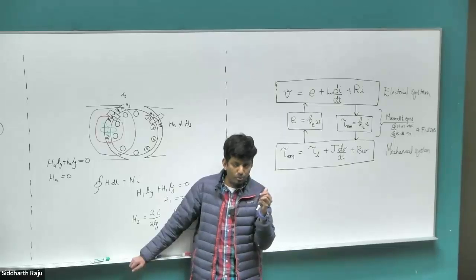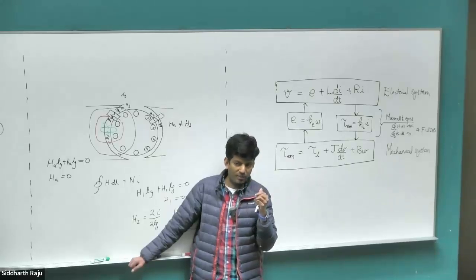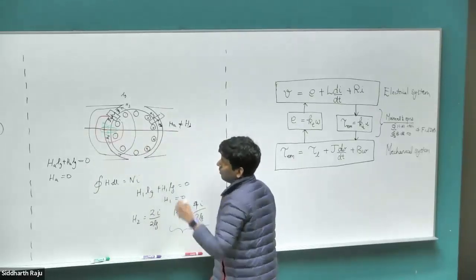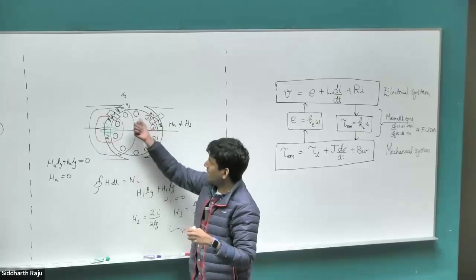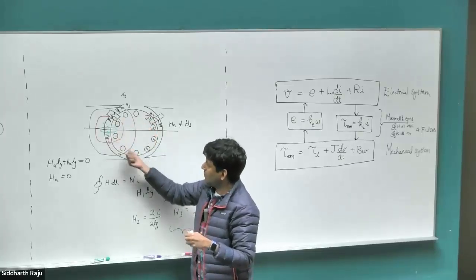When will it be true though? If I choose the loop in such a way that it is symmetric. The way I chose this loop was such that on the top, there are exactly the same number of conductors carrying current in the same direction as in the bottom.